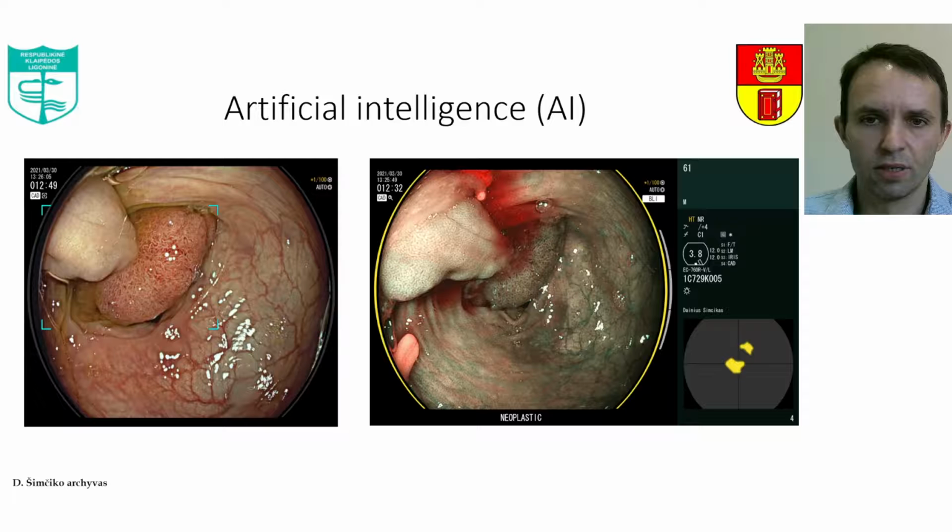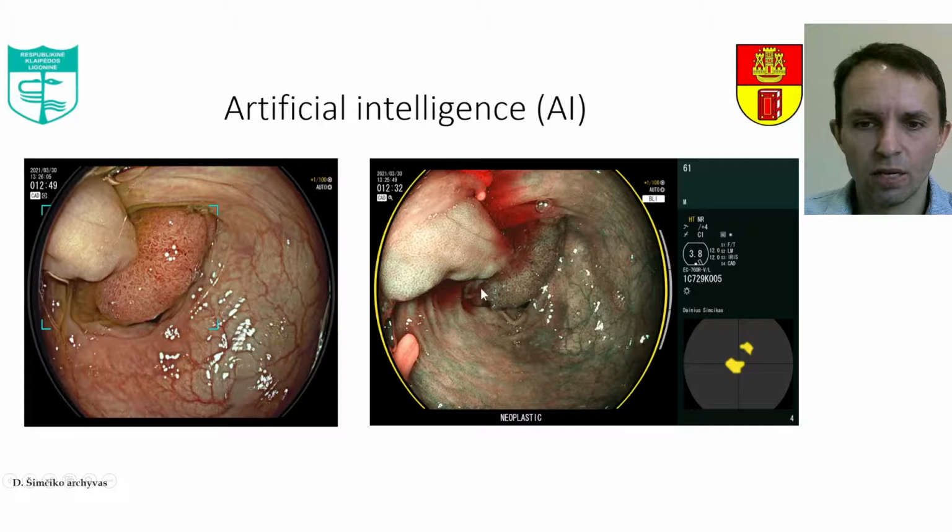Artificial intelligence nowadays is very helpful and it helps us in detection. It shows that there is a suspected lesion, and it actually does so much faster than the eye of the endoscopist.